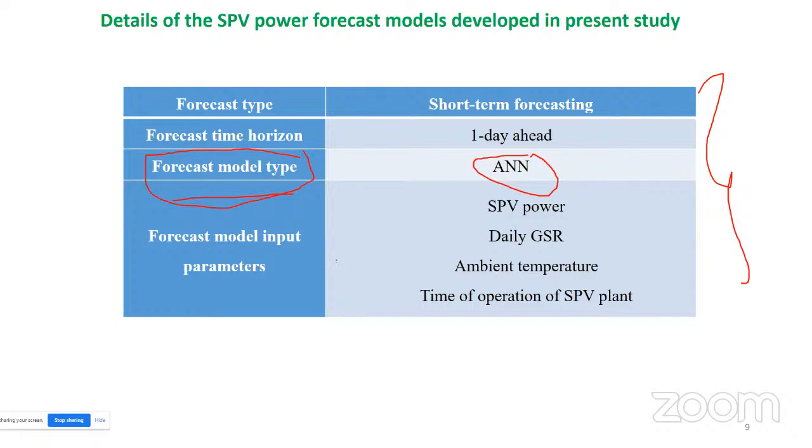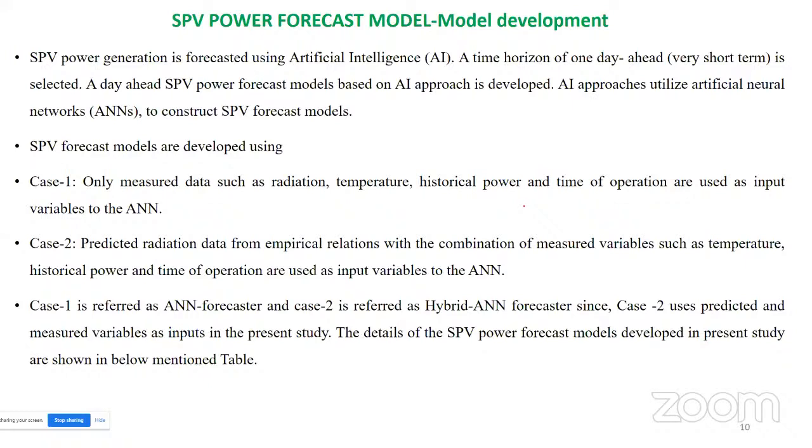In this case study, we have used ANN as a forecasting tool to forecast our power output. Again, the methodology is the same; the model will be different. The methodology you follow for temperature in the first case study, sunshine duration in the second, and now power output forecasting is the same.